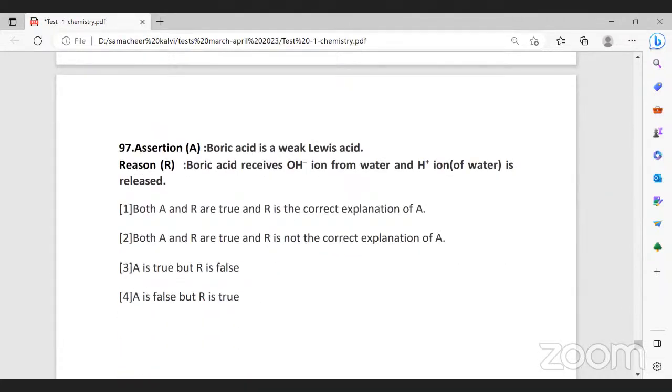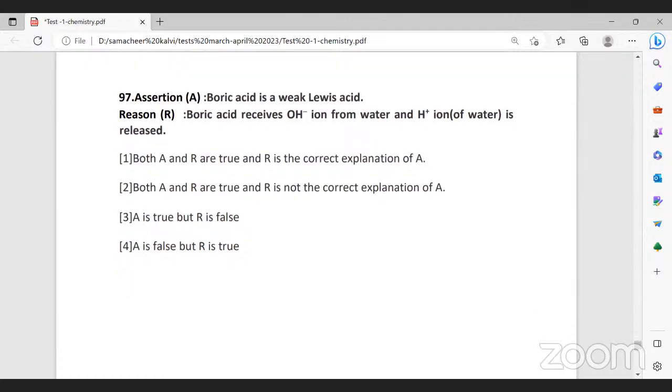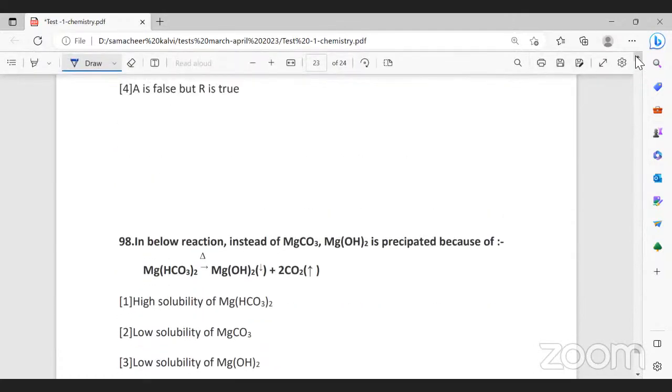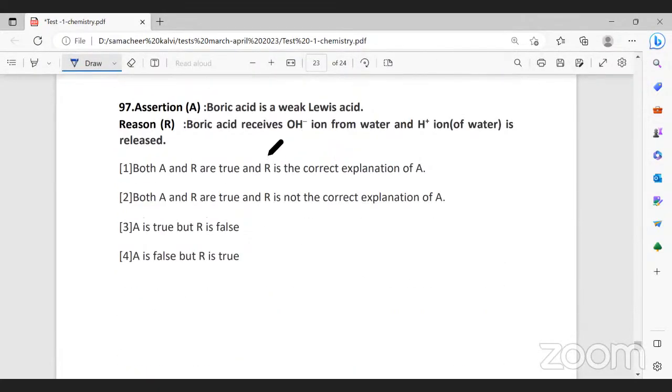Assertion A: boric acid is a weak acid. Boric acid is a weak acid, yes. Boric acid receives OH minus ion from water and H plus ions of water is released. So boric acid, H3BO3, we can write as B(OH)3.